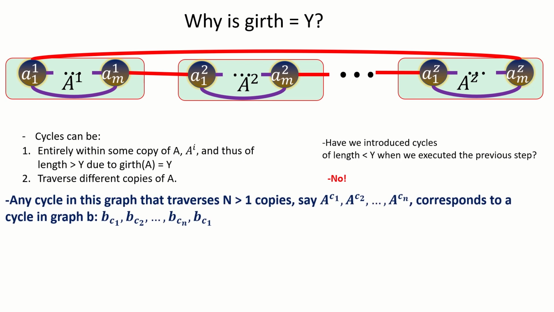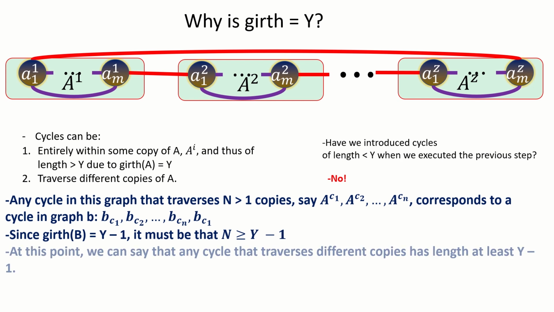This is because each cycle that passes through n different copies before returning to the initial one, let's say copies c sub 1, c sub 2, and so on up to c sub n, corresponds to a cycle of length n in graph B. But since graph B has girth y minus 1, that means that n is at least y minus 1, meaning our cycle that passes through n different copies has length at least y minus 1.